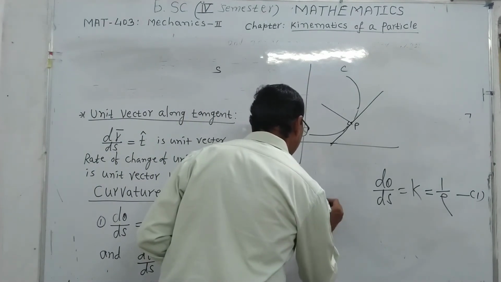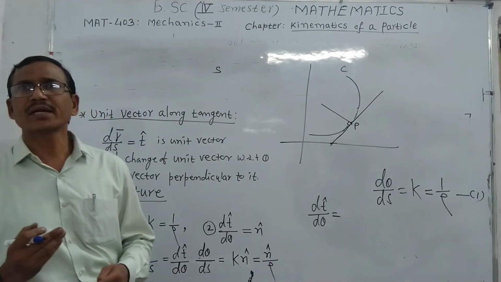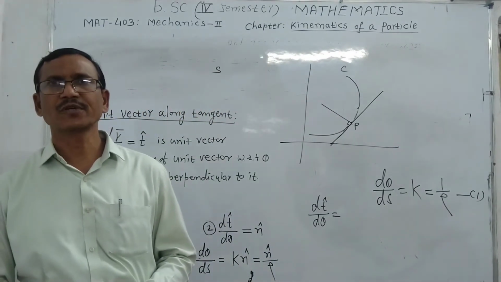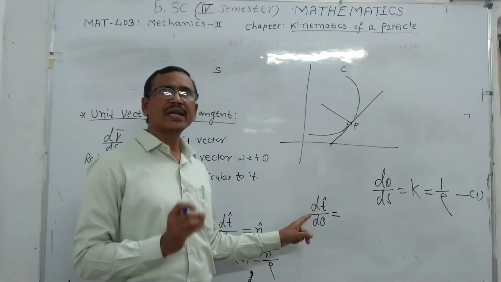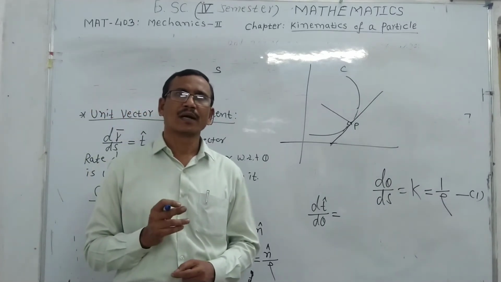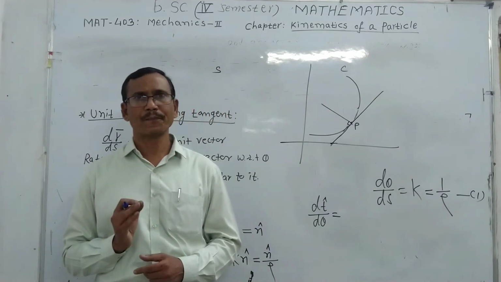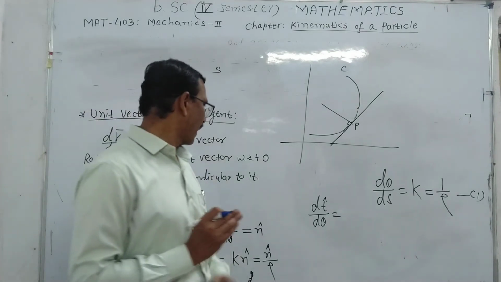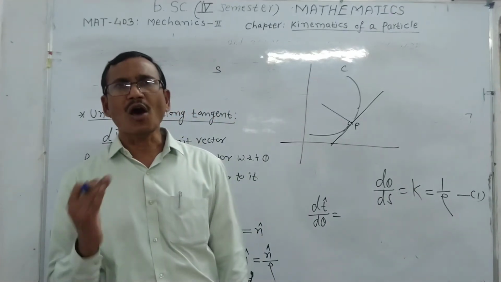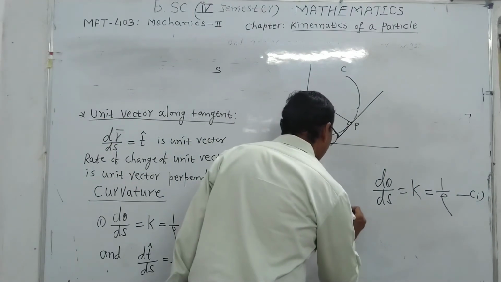It is d t cap by d theta, which is equal to the unit vector perpendicular to the tangent at P. The perpendicular to the tangent at P is called the normal at P, and we shall denote the unit vector along the normal at P by n cap.